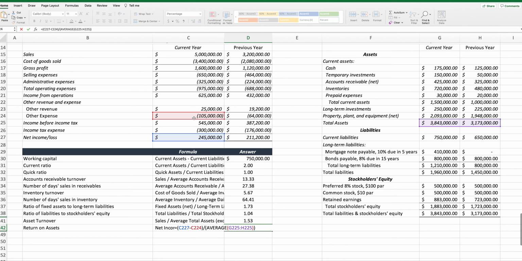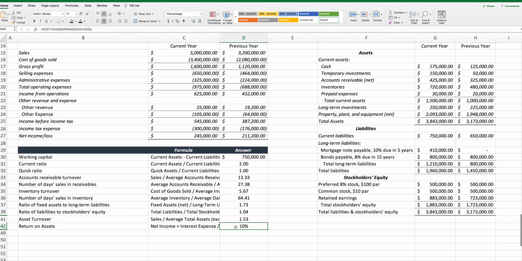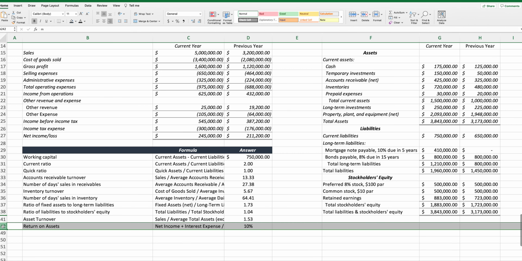We wouldn't compare a service-based company to a company such as Ford, Toyota, or Volvo, because car companies have a lot of assets.